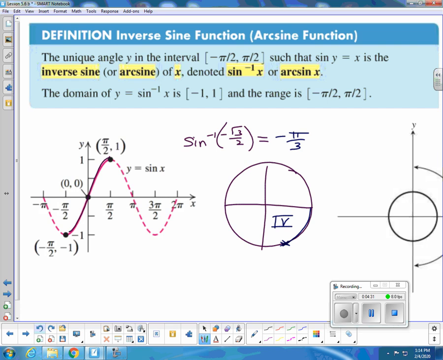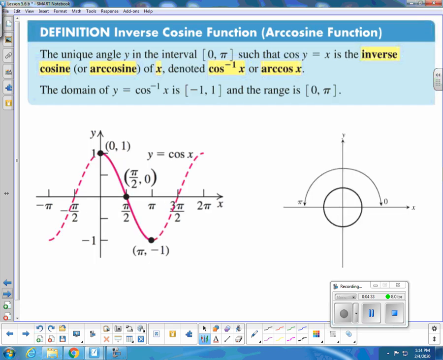All right? Cosine inverse. It's restricted a little differently, because if I restricted it from negative pi over 2 to positive pi over 2, my problem has not been solved. Okay? So I have to restrict it from 0 to pi. So I'm at the top part of my circle. I only care about answers up top. So cosine inverse of 1/2. I'm going to go to the right 1/2.